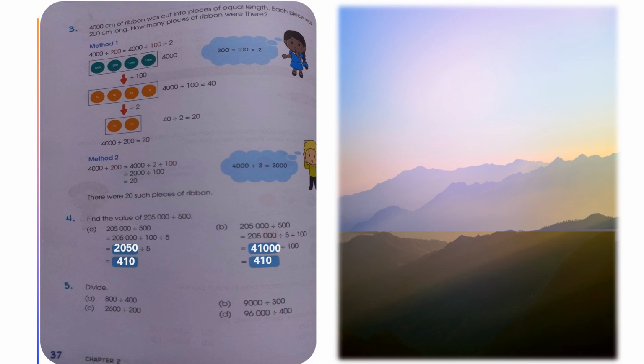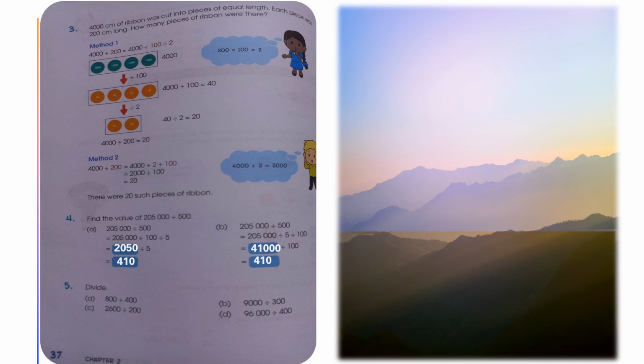Question 4 says, find the value of 205,000 divided by 500. Here we solve this question with both the methods. In method 1, we are going to divide 205,000 by 100 first and then the resultant by 5.